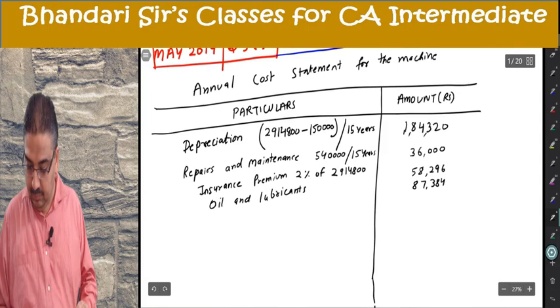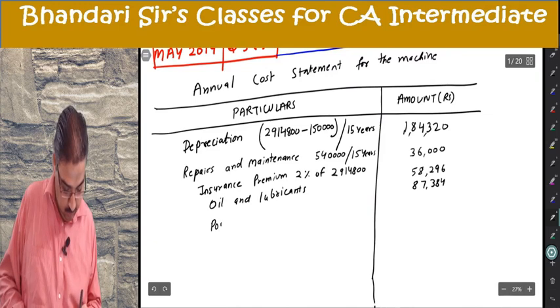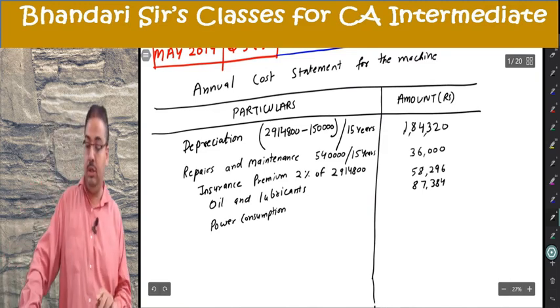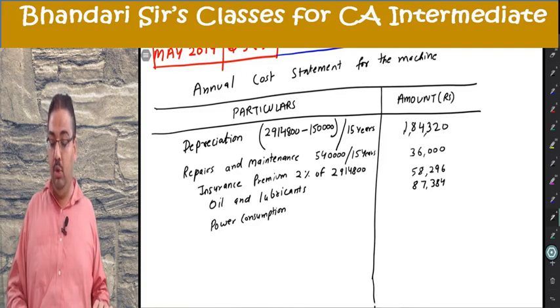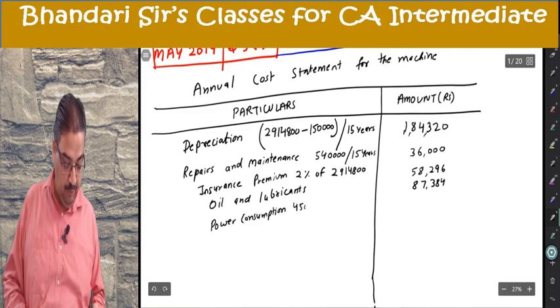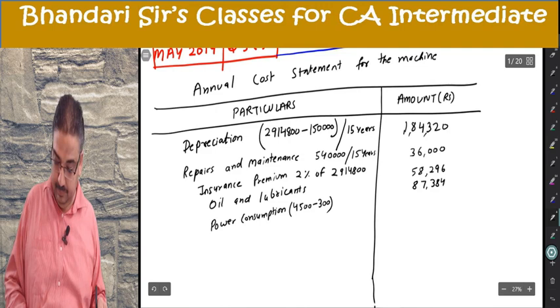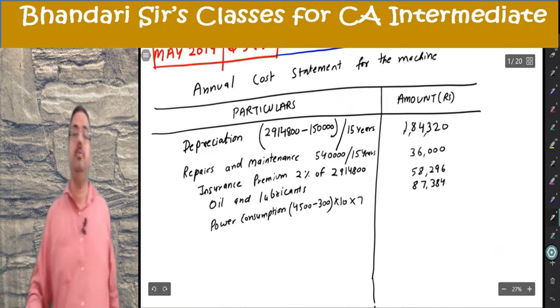Power consumption. Need to compute power carefully. Power consumption is 10 units per hour at the rate of 7 per unit. No power consumption during repair and maintenance. So it is 4,500 minus 300. On 4,200 hours, you are having 10 units per hour and 7 rupees per unit is the cost.